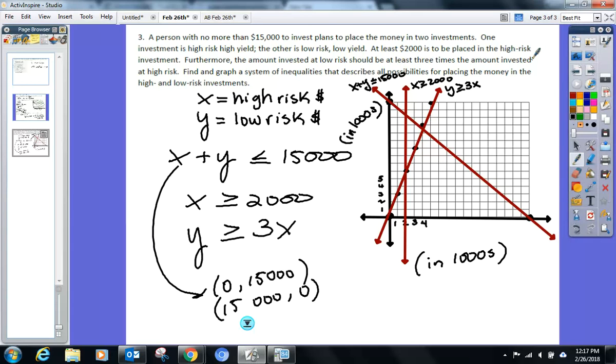So everyone see where we're going here. Below, to the right, above. Do you see where they would intersect? Shade it in for me then. Shade it in where they would intersect. Again, below, to the right, above.